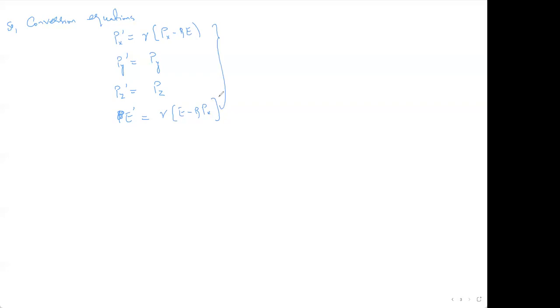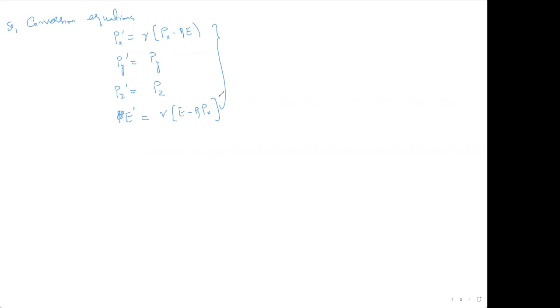Now, if you look at these two equations and compare them with the equations for the space-time 4-vector, they are very much similar to those equations. But there we take space and time, here we take momentum and energy.